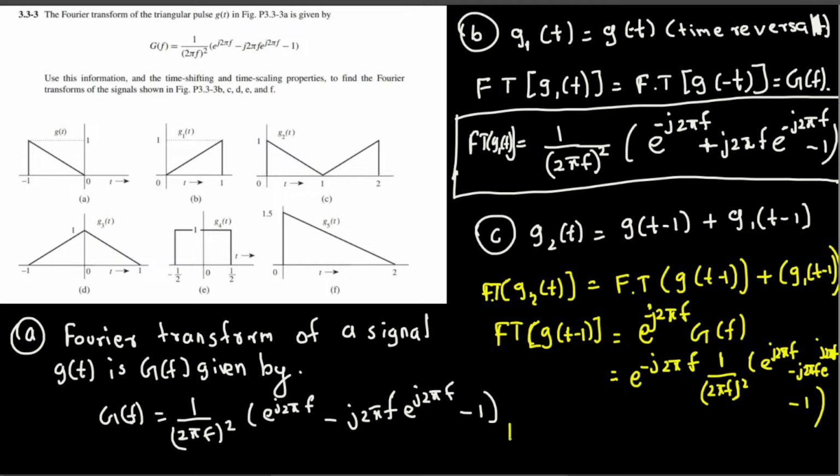Now we have to do the same thing for the Fourier transform of g1(t−1).